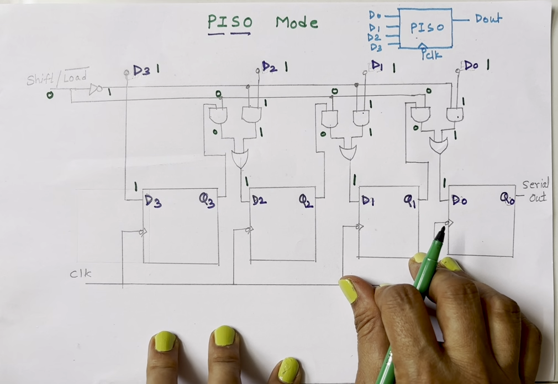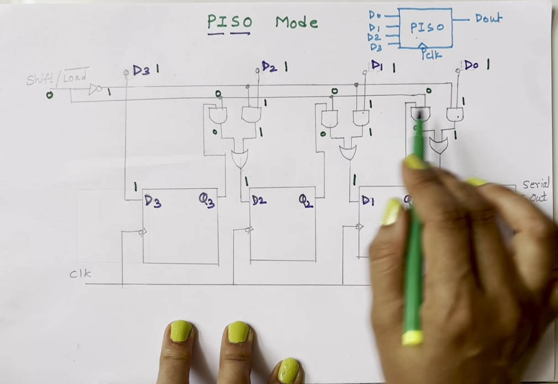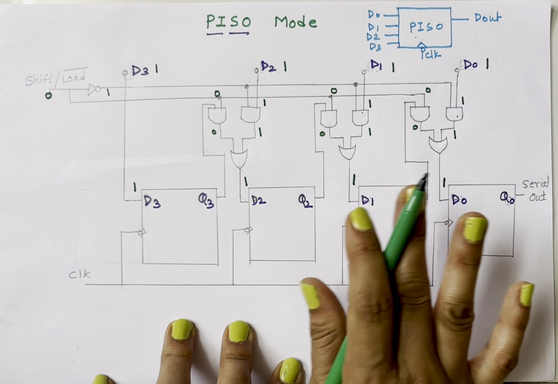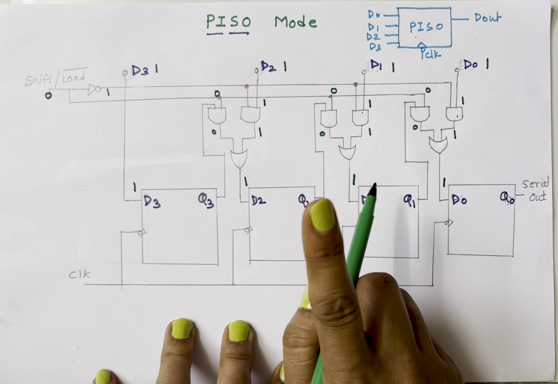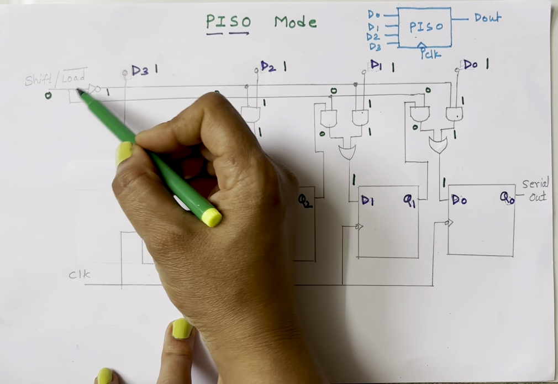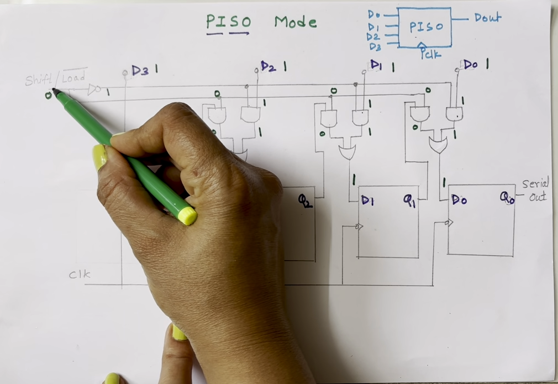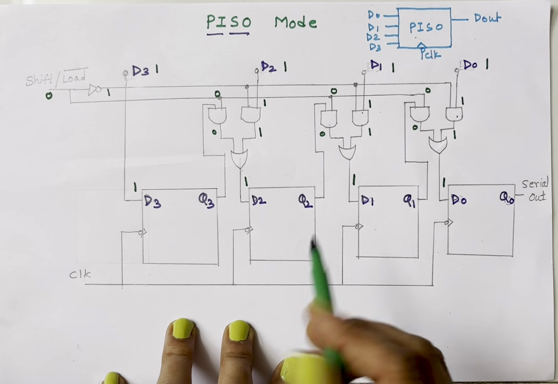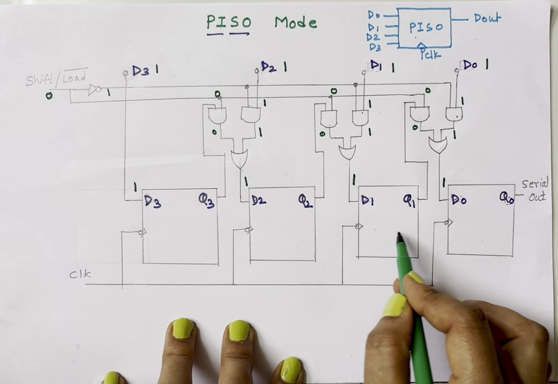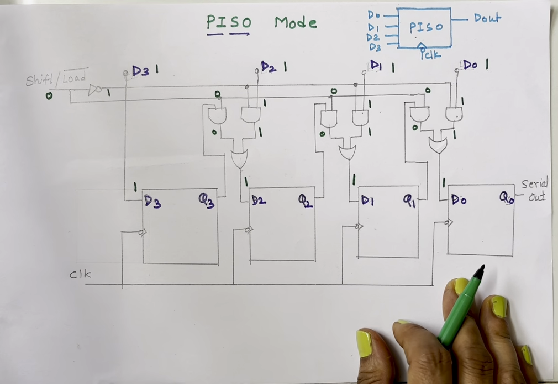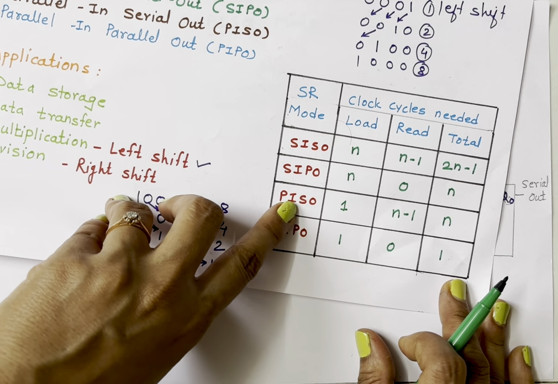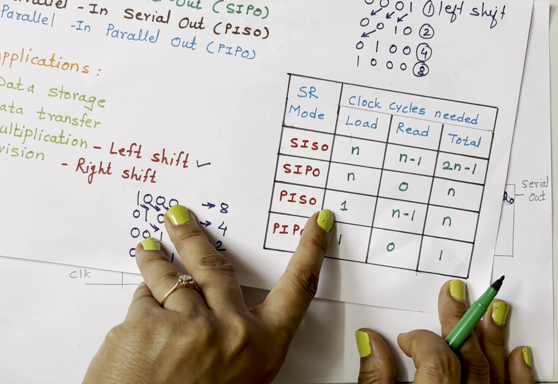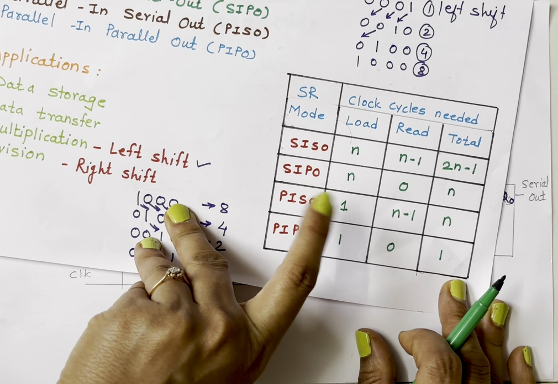So you can see I can load data into these 4 flip-flops in one clock cycle. I need to make this input 0, and in one clock cycle all data will get fetched into my shift register. So in the parallel in, serial out shift register, the number of clock cycles needed to load data is 1.